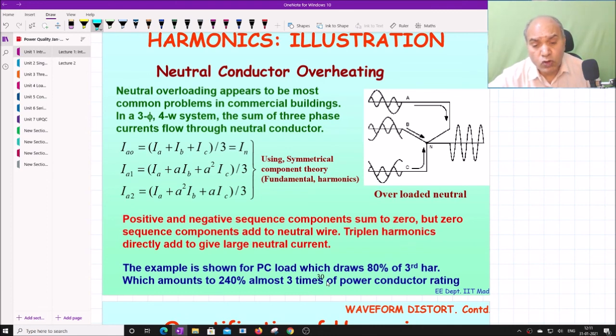This may cause the overrating of these conductors almost 240%, which is 3 times of the power conductor rating.